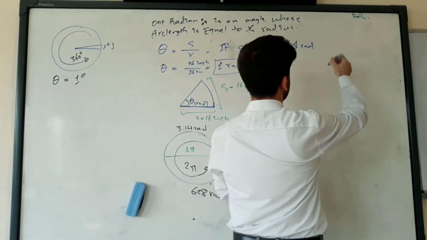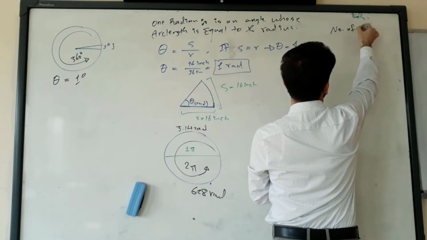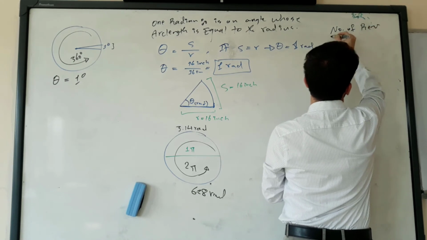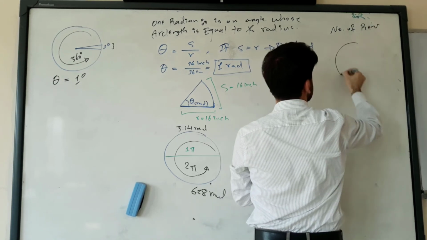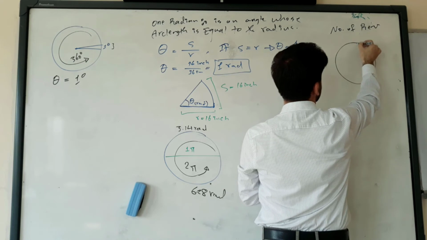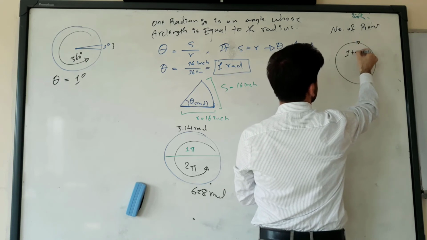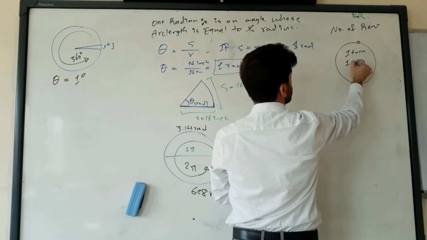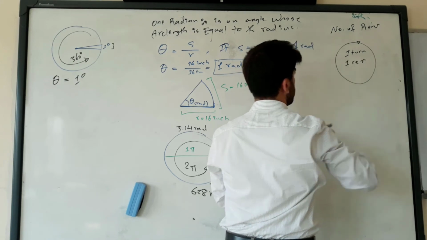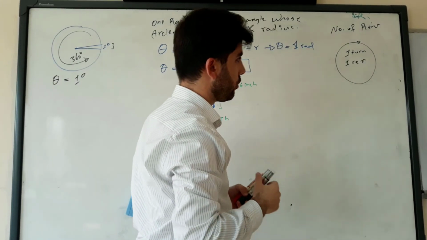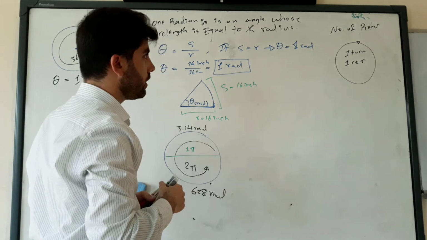And also in number of revolution, one turn is considered as 1 revolution, okay? Half turn is considered as half of a revolution, and so on and so forth.